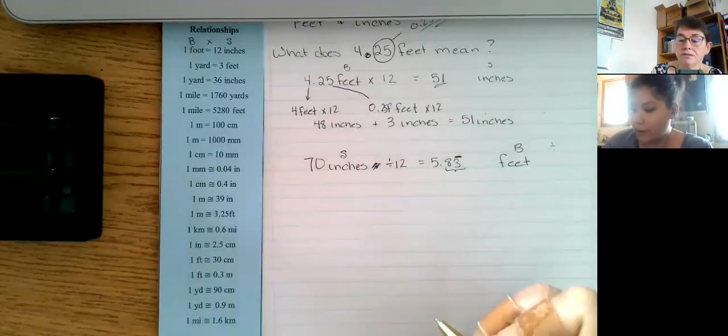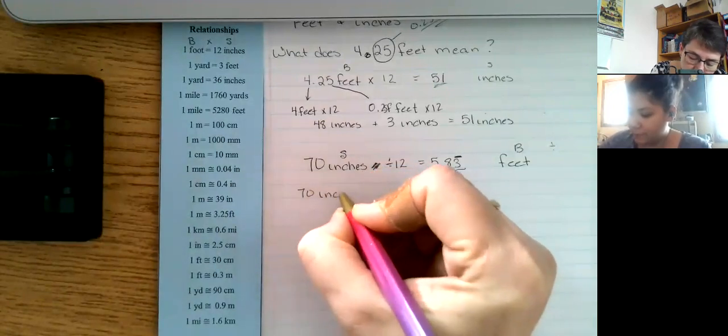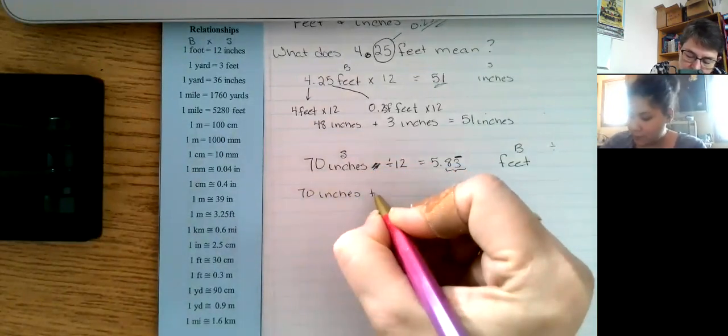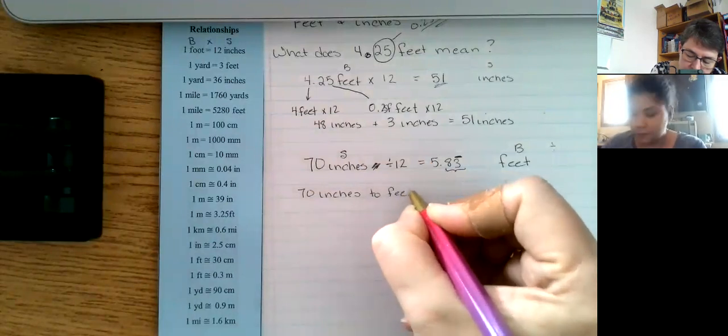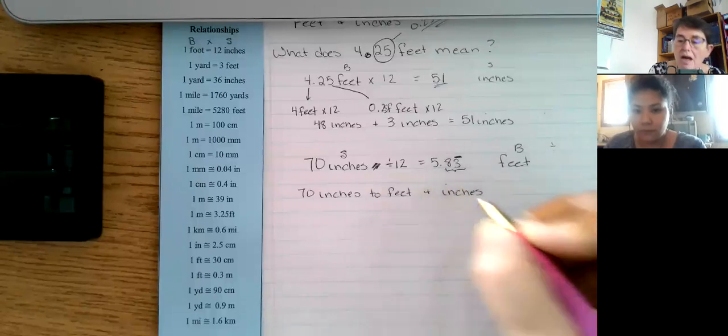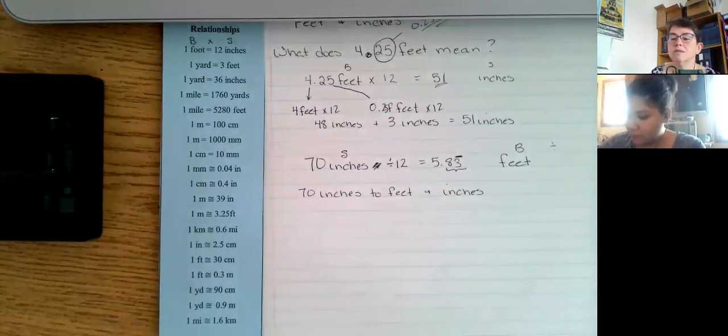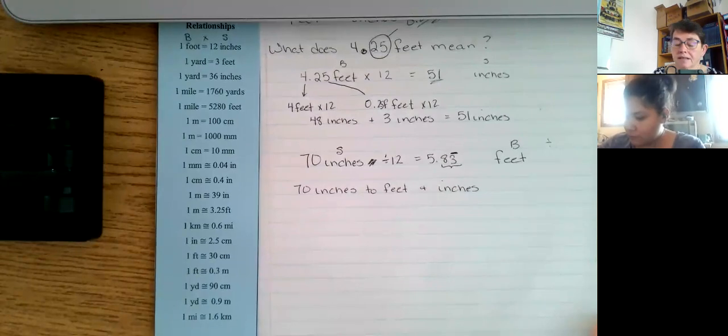And you know what? We'll just use 70 inches. I'll show you the somewhat long way, and then I'll show you the cheat way, which I'm suspecting, based on your skill set, you could probably do every time, because it's easy.